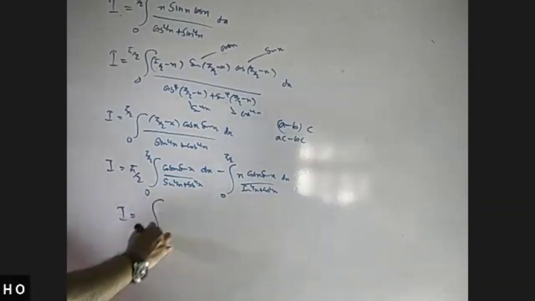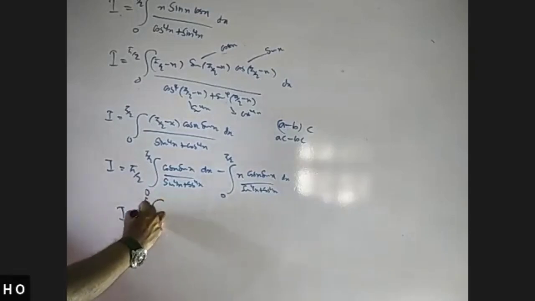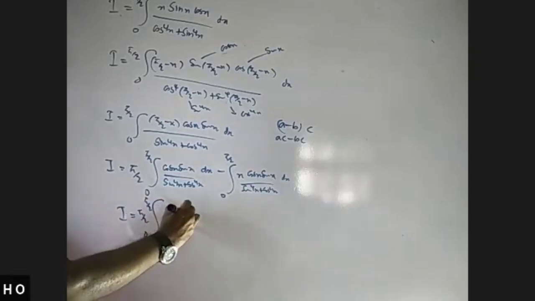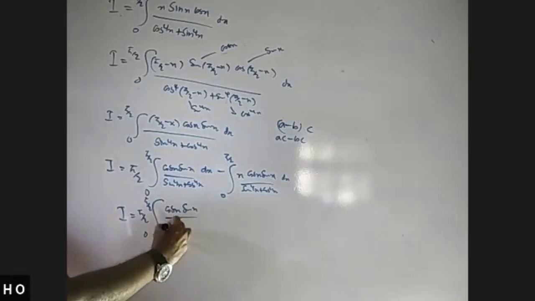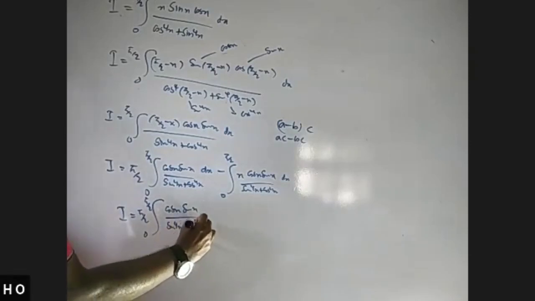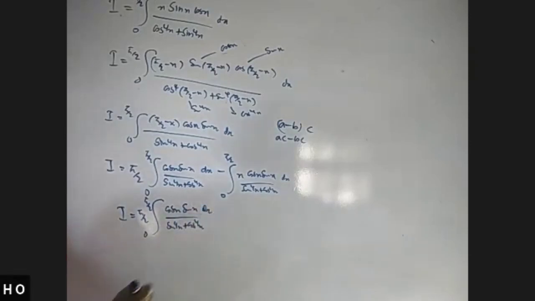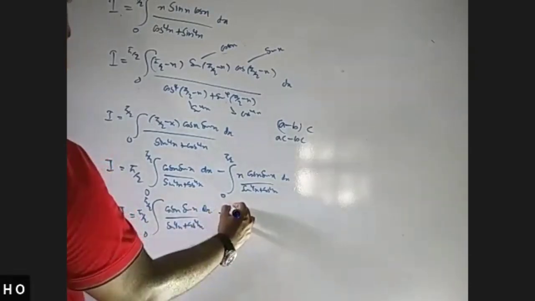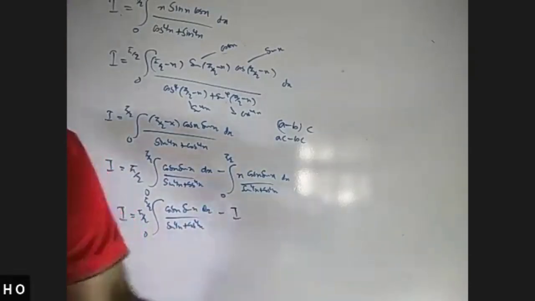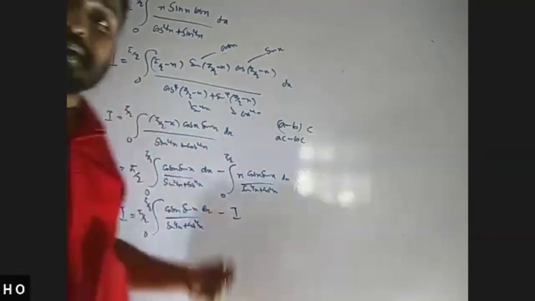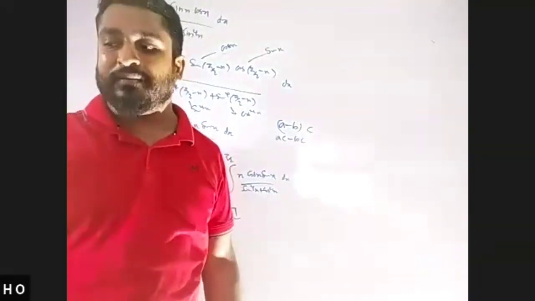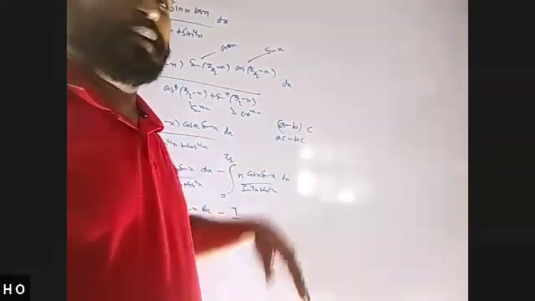You don't know anything about it, so let us keep it. Cos^6 x sin^5 x over sin^4 x plus cos^4 x dx minus, this is again back to I. It is that symmetry we expected before. Before we didn't have it. Now you understand the reason.